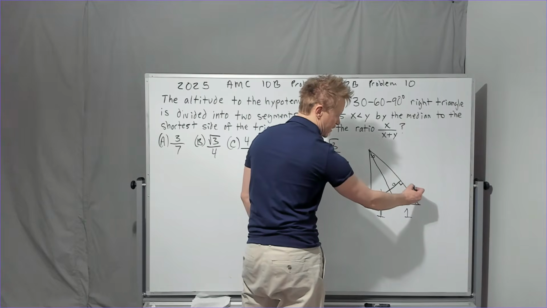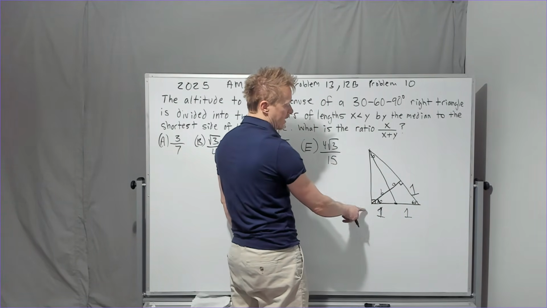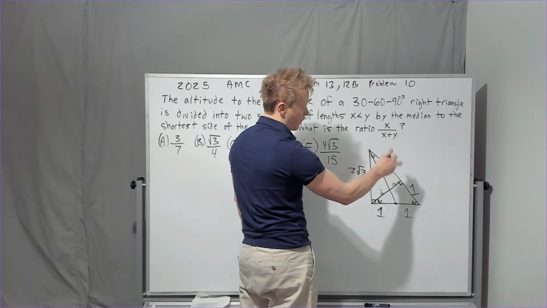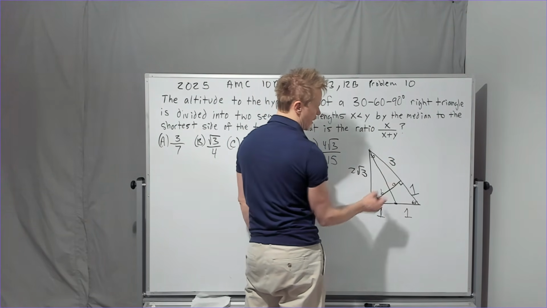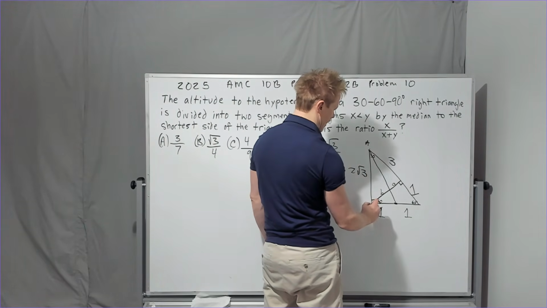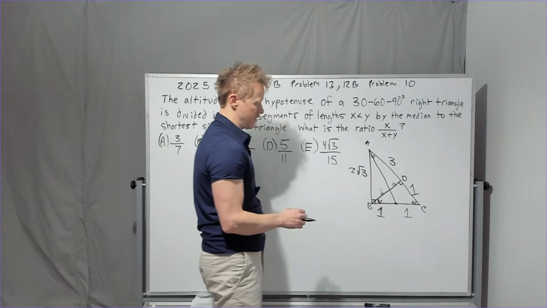Your side opposite 30 becomes 1. What do we get over here? 60 is going to be 2 rad 3. And then you know that your hypotenuse is 4, so this part up here is 3, meaning if I give this A, B, C, from A to D would be 3, right?